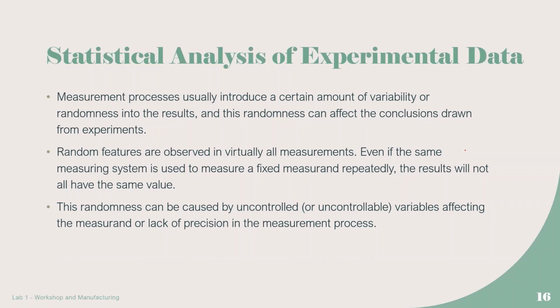Even though you're doing the same thing, two measurements could be different, and this randomness can be caused by uncontrolled variables affecting the measurement or lack of precision in the measurement process. So to be able to express this randomness, we have statistical analysis.